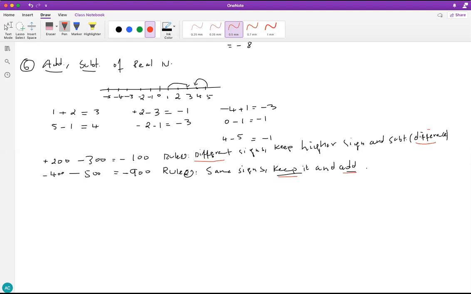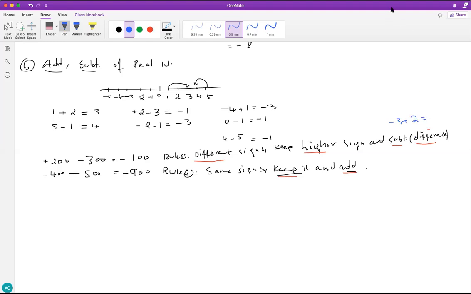But this one here, different signs: keep the higher sign and subtract. But this one is the same sign, so we keep that sign and add. A couple of quick examples. What is -3 plus 2?